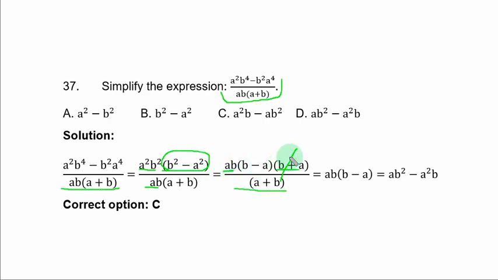Because addition is commutative, if you write b plus a as a plus b, the two cancel. You are left with ab times b minus a. If you open the bracket, ab times b, you have ab squared minus ab times a, you have a squared b. So C is the correct option.